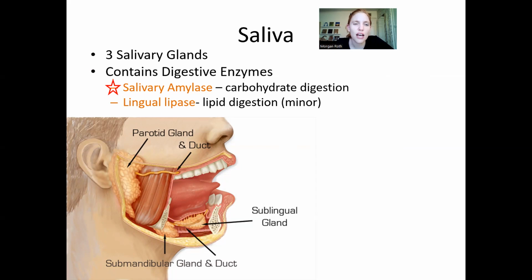And in that saliva, we have digestive enzymes. The one that I want you to know is salivary amylase. Salivary amylase is going to be involved in digesting carbohydrates. That will be our very first form of chemical digestion, because we will break apart the covalent bond holding those monomers together into smaller molecules.